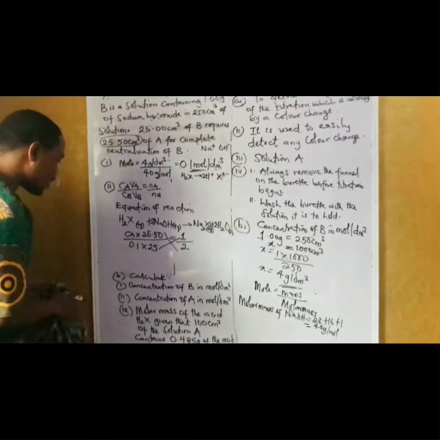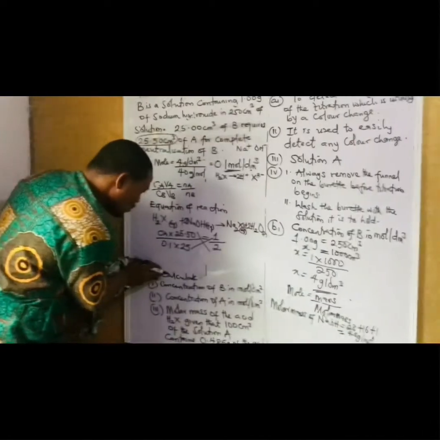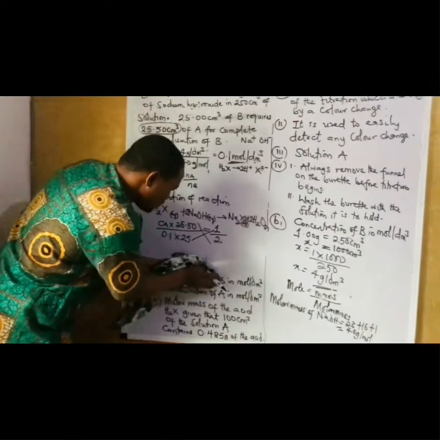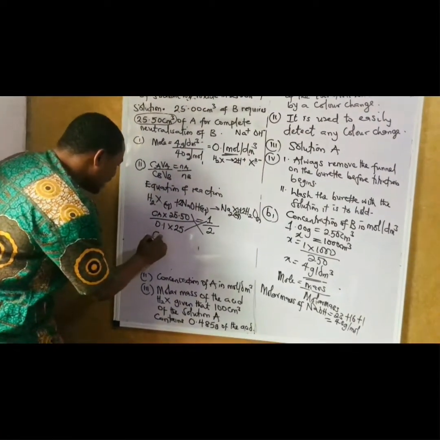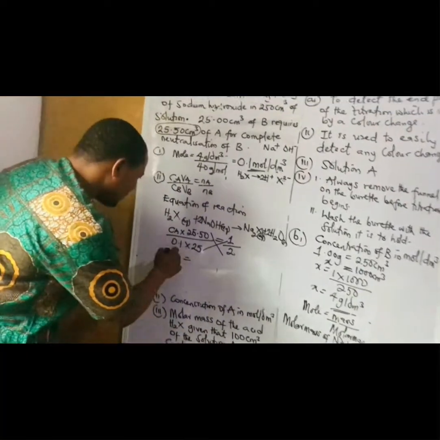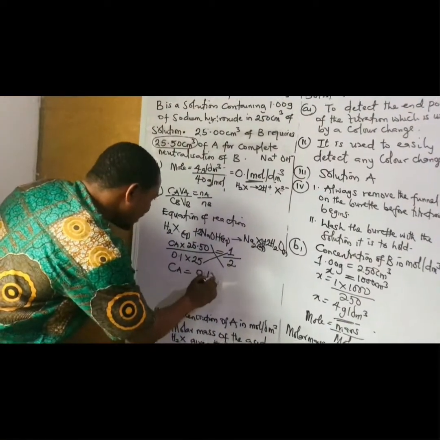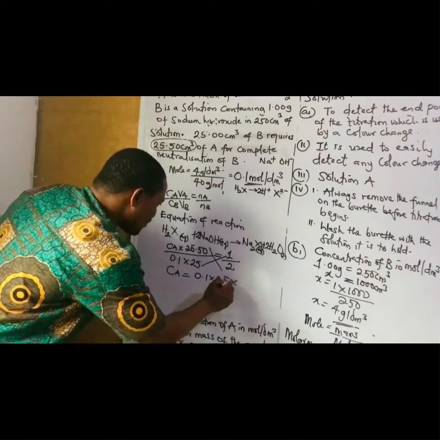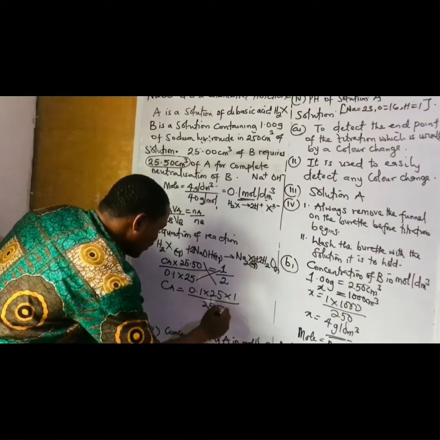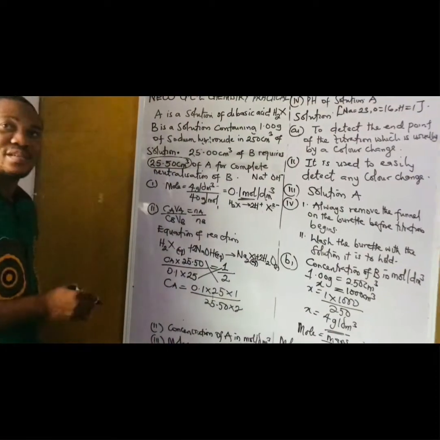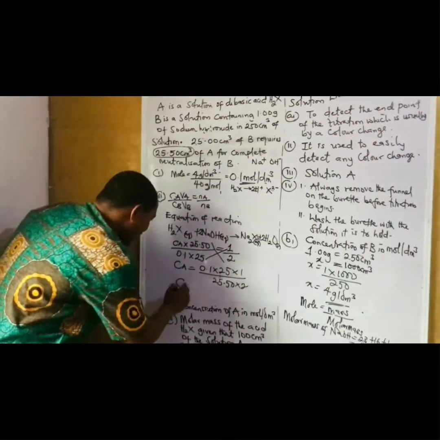We have done this 2. So from there, we make CA the subject. Then we are going to have 0.1 times 25 times 1 over 25.50 times 2. Can we see that now? So from here, our CA.